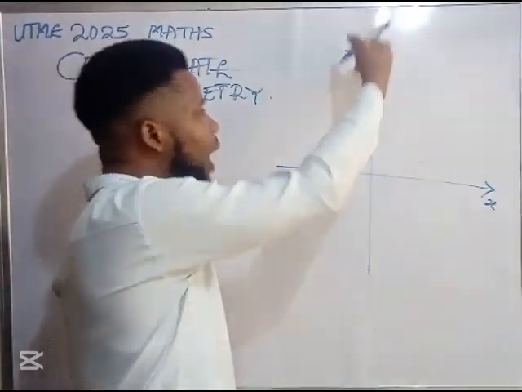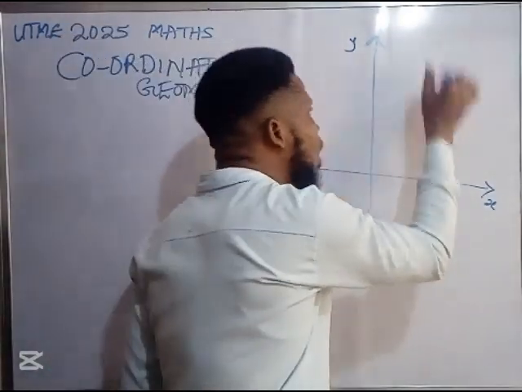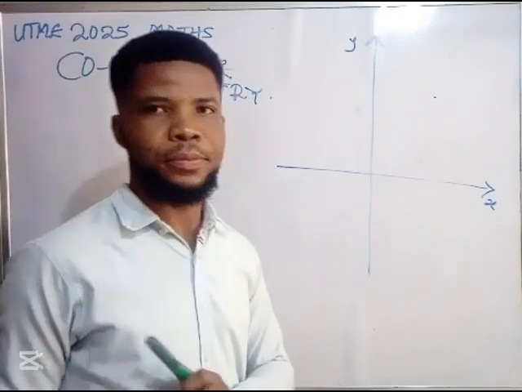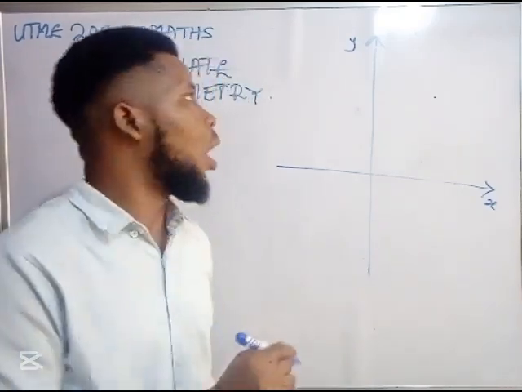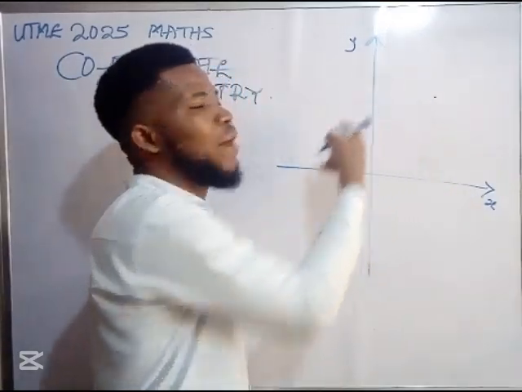Okay? So if you have a Cartesian plane, and we have any point found in this Cartesian plane, that point can be traceable on both the horizontal axis and the vertical axis.